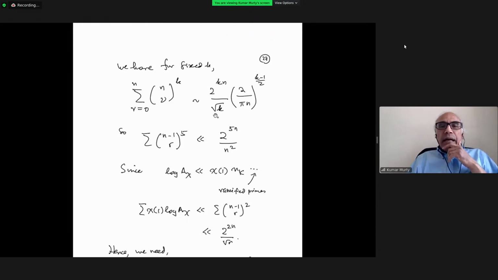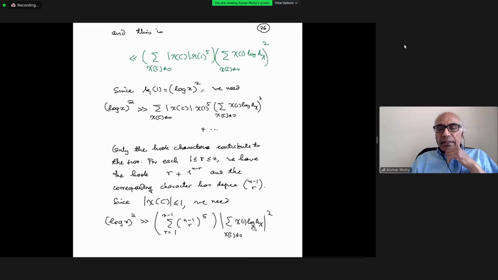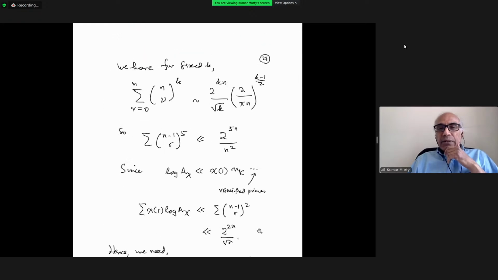Okay, and now there's a simple combinatorial formula that if I take the kth powers of the binomial coefficients, it grows roughly like this. So in particular, the 5th power, I will get it bounded by 2 to the 5n over n squared. And now there's this log a chi, this Artin conductor, that grows like chi of 1, the degree, times the degree of the base field times some stuff coming from ramified primes.